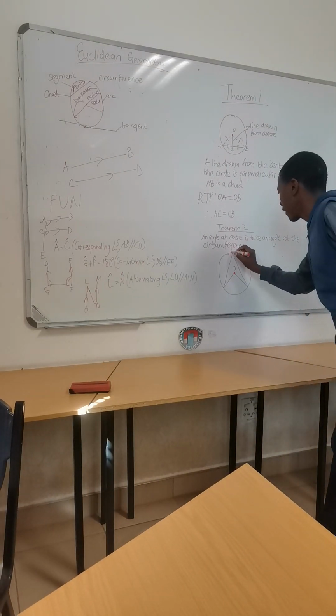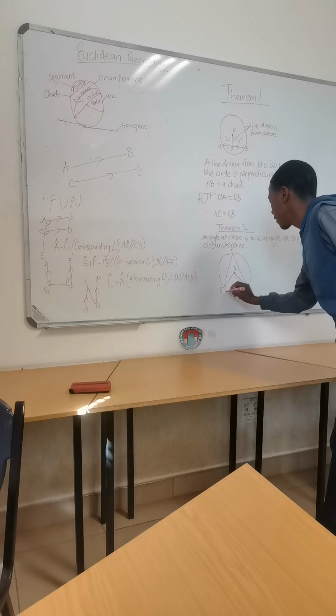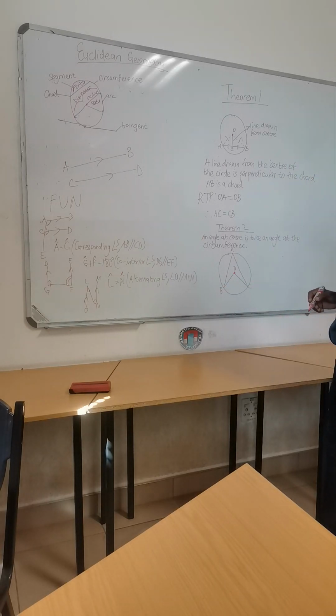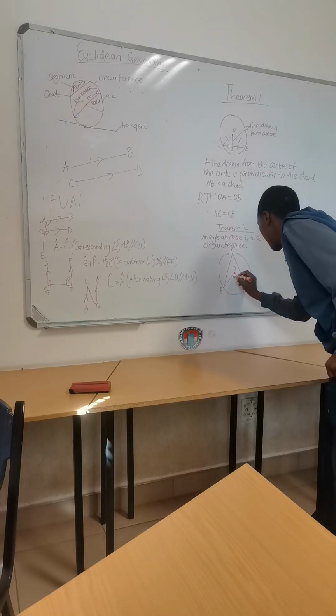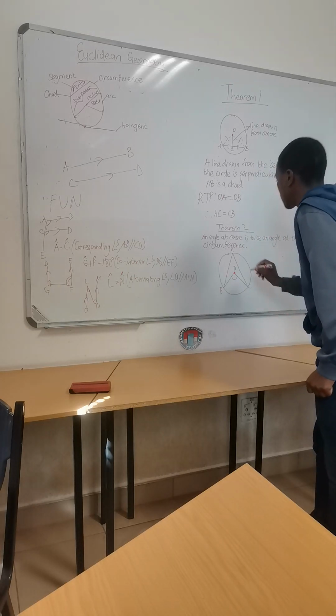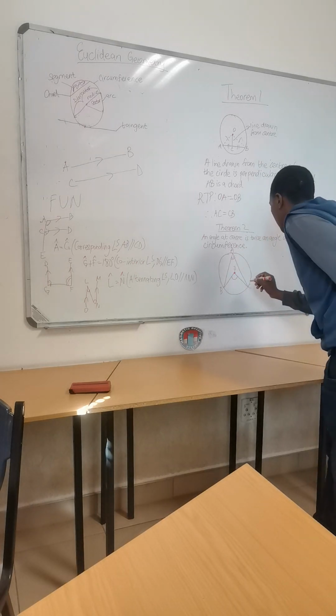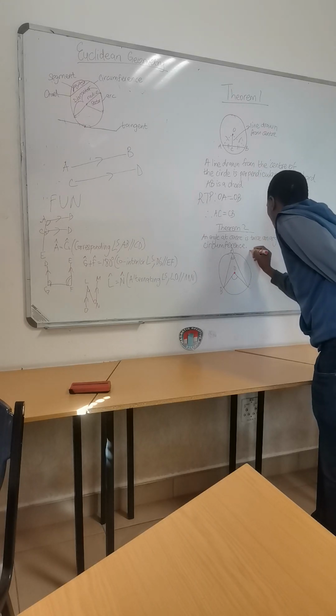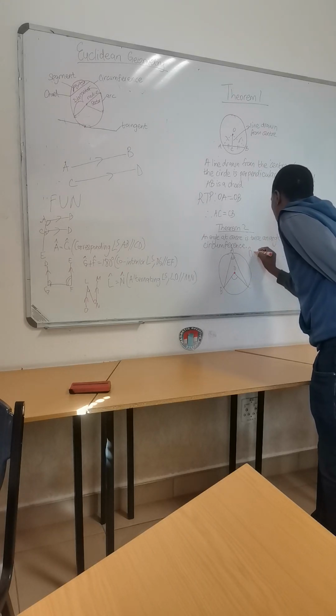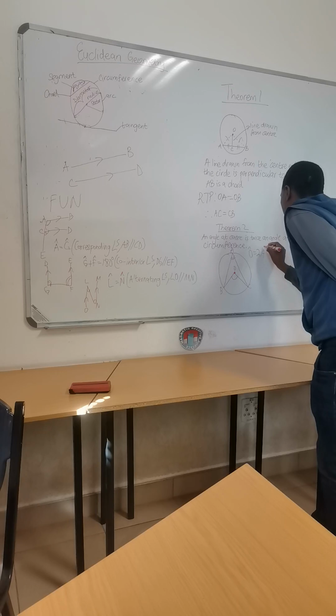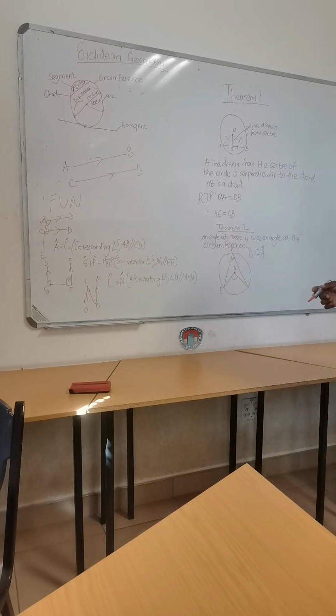Therefore, you have A, you have B, you have C. This angle is twice that one. It means angle O is double of A. That's what they are telling us.